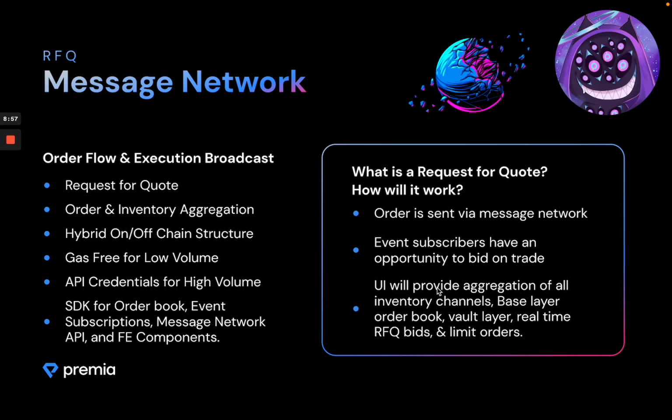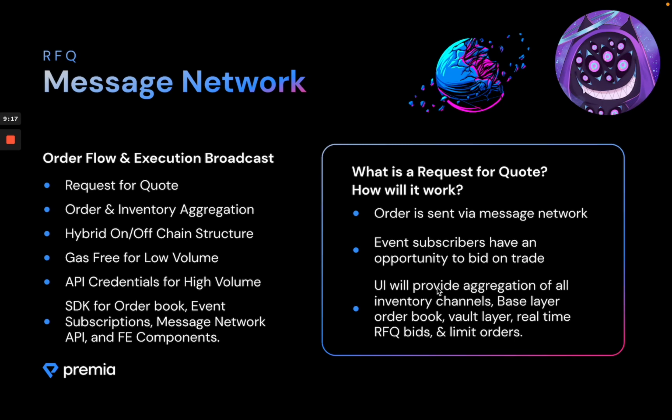Right. At go live, we will have an SDK, a dev kit, with certain API components so you can connect to the message network. There will be access to the traditional order book, which is at the base layer. There are the event subscriptions.